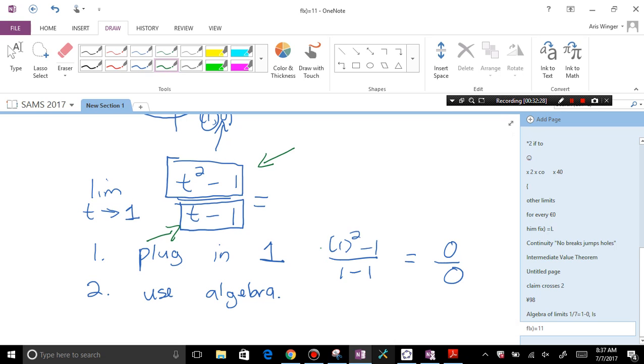In this case, it's 2. So asking about a limit that involves 0 over 0 can be reduced to talking about the derivatives of those things. Later on we'll prove that to answer this question, I just need to look at the derivative of t squared minus 1 and the derivative of t minus 1. How fast they go to 0 is the real question.